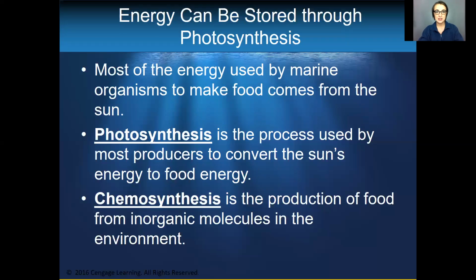Now, a similar process that we didn't talk about quite as much, but you should remember from biology, is chemosynthesis. Chemosynthesis is very similar to photosynthesis, except that it's happening without the sun. Instead, chemicals are being released around that producer, and the producer can take those inorganic molecules in its environment into its body and use them to create food energy.